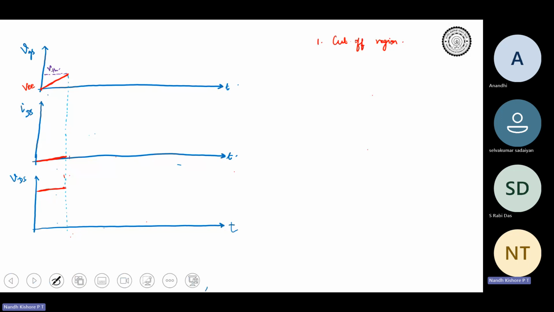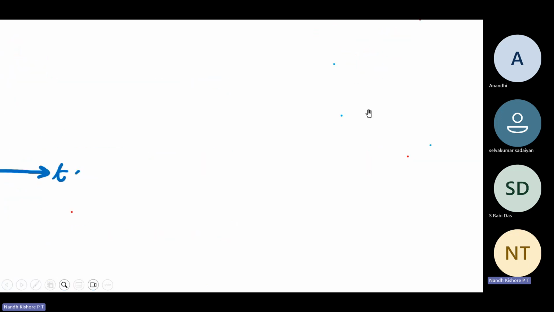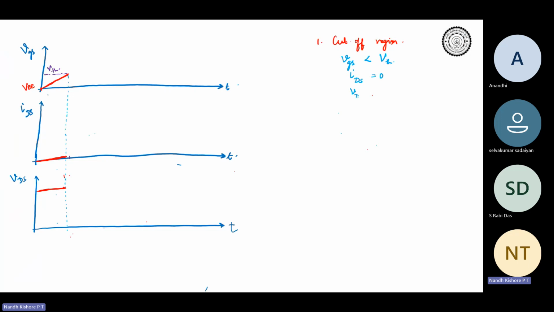In the cutoff region, VGS is less than V threshold, so the device is totally turned off. The IDS is zero, and VDS is very high, blocking a very high voltage, almost equal to VDC.